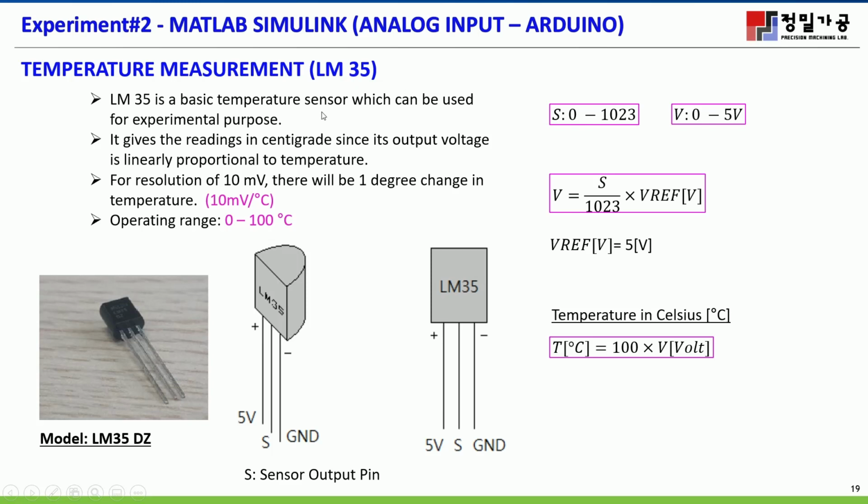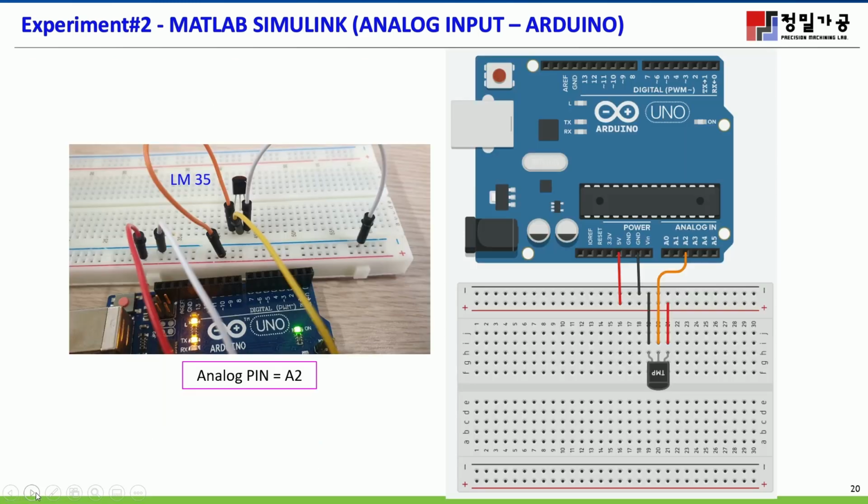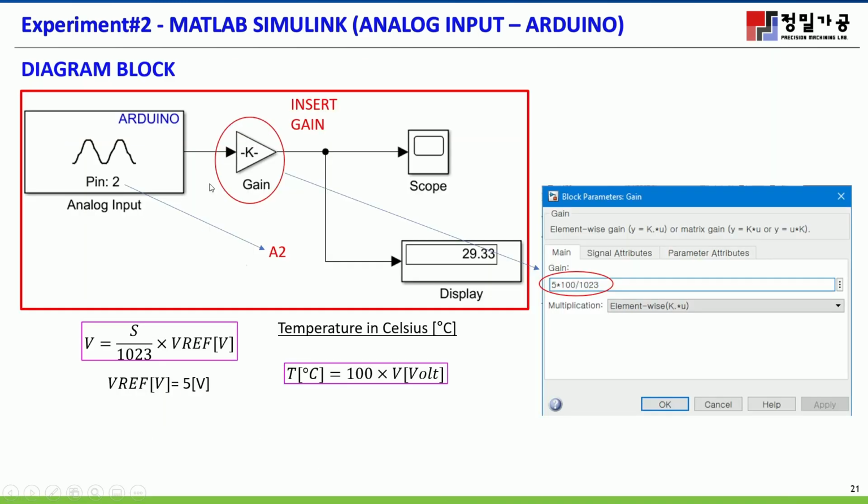For temperature measurement, you just give the conversion from decimal number to temperature, using gain in here, and you set the analog input, wherever you put the signal, I mean the sensor. In this case, the sensor is analog 2 or pin A2.